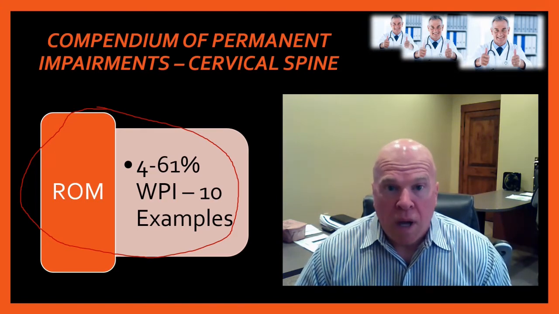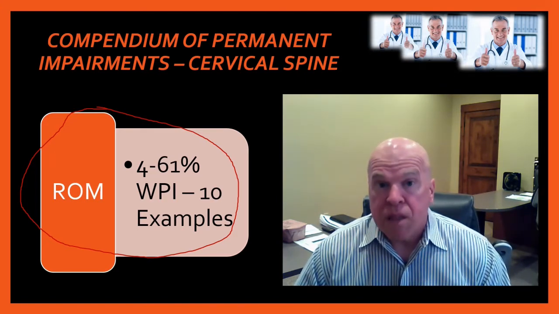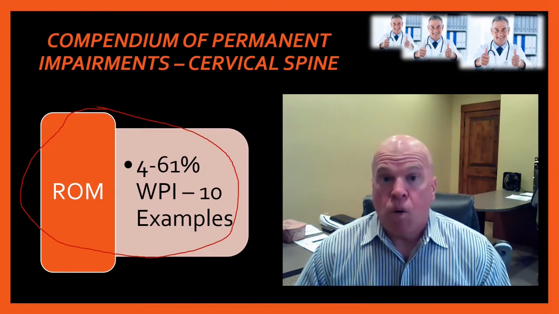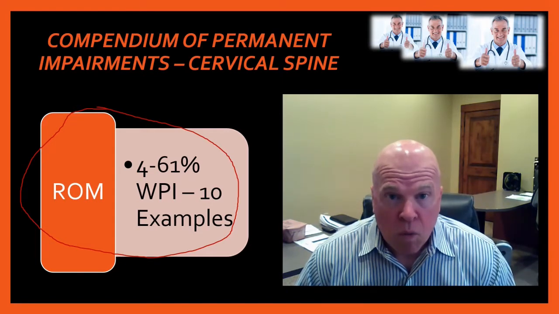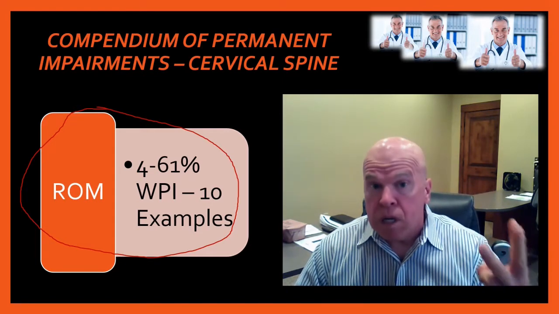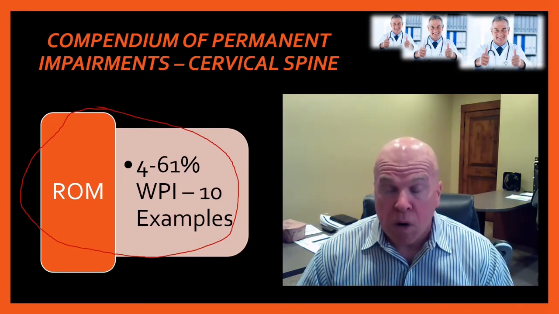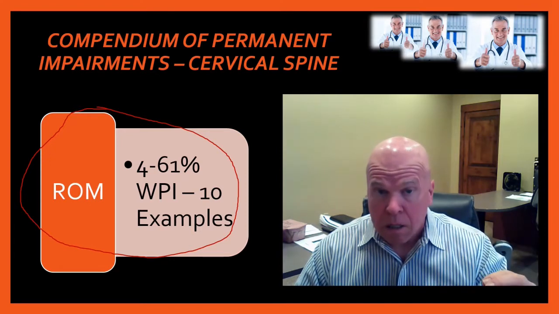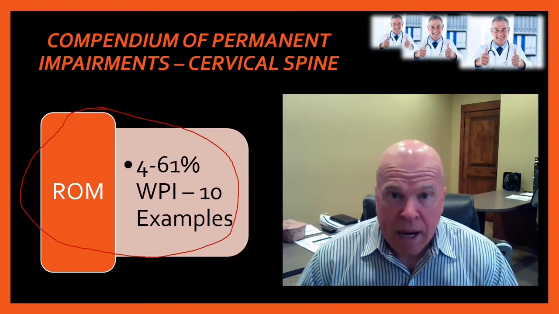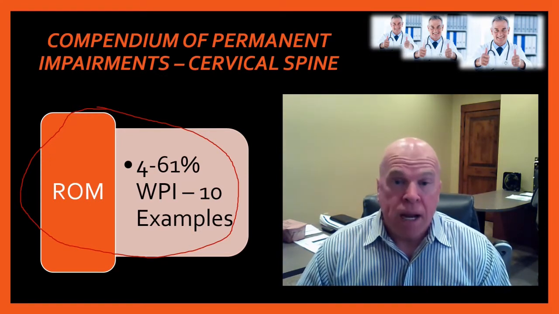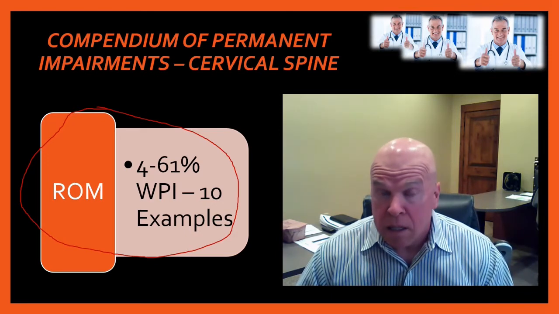And if you have done any range of motion method impairment ratings recently or at all, you'll recall that the range of motion method involves three essential components that combine to provide a final permanent impairment rating for the examinee's cervical spine condition.